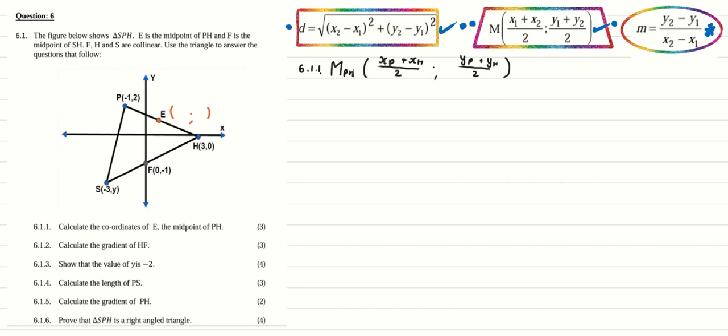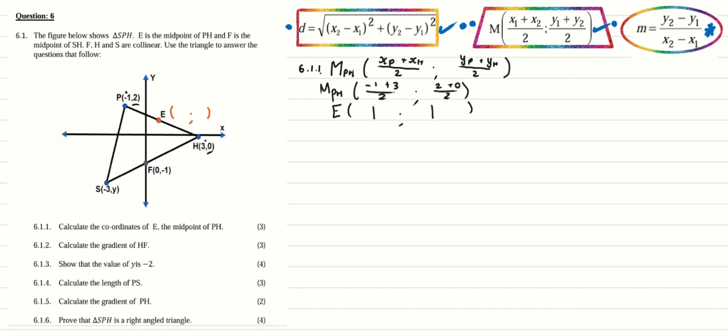The midpoint of PH, which we know to be E, we get by taking the x of P plus the x of H. So we go minus 1 plus 3 all over 2. And then we take the y value of P plus the y value of H, which is 2 plus 0 all over 2. And therefore the coordinates of E would be at 1 and 1.